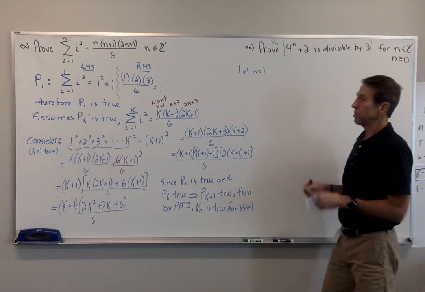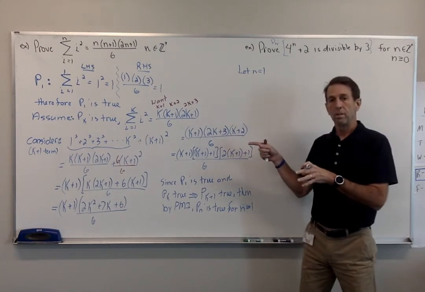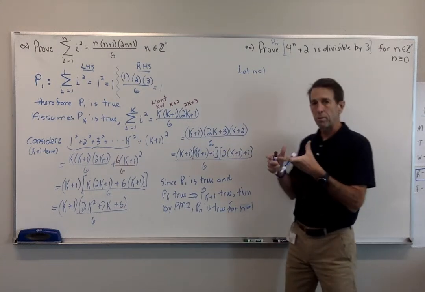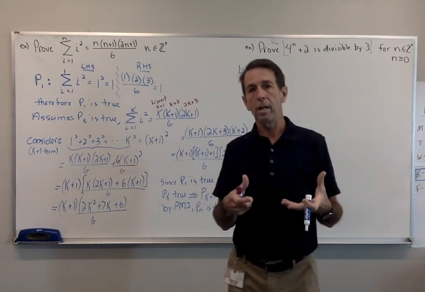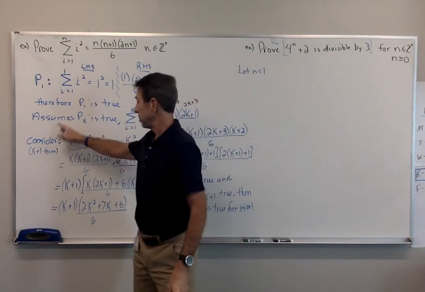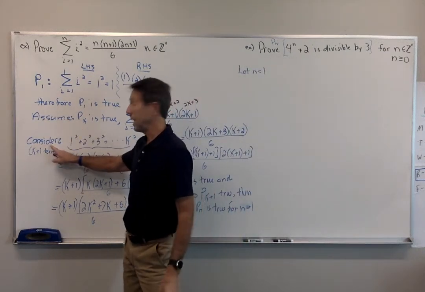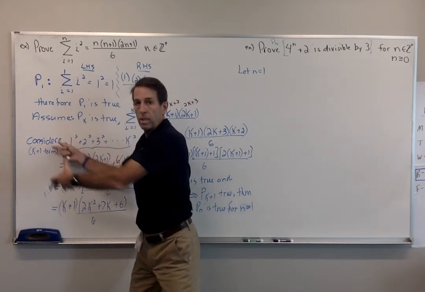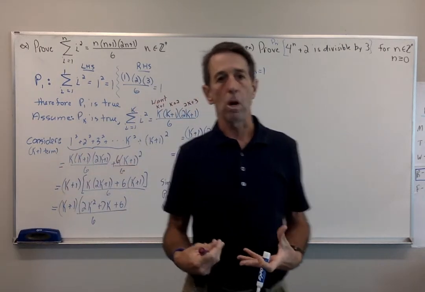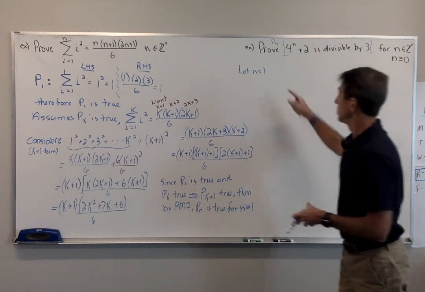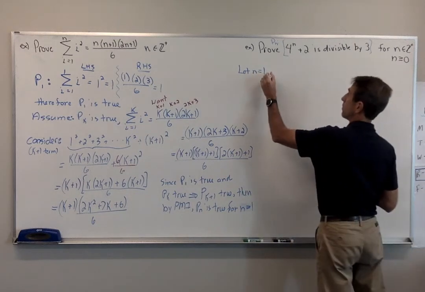I'm also going to do it just slightly differently than this one because people develop their own style when writing some of these. I like assume, I like consider. Some people say let or other types of things here. But as long as you get the idea across, you'll be okay. So I'm going to let n be 1.